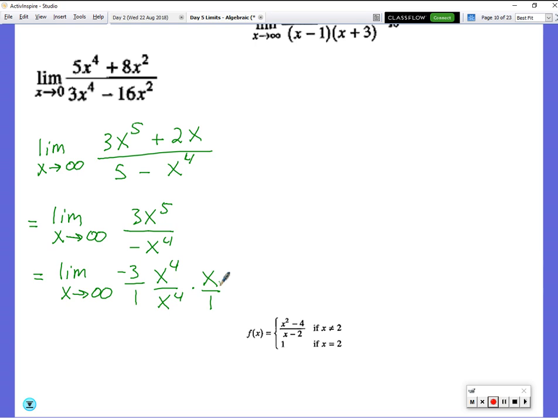So as x gets bigger, this whole thing just keeps growing to a negative number. So the answer is just negative infinity. As the input gets bigger and bigger, the output gets more and more negative. So the graph would just be heading down. Is that your question, Trey?